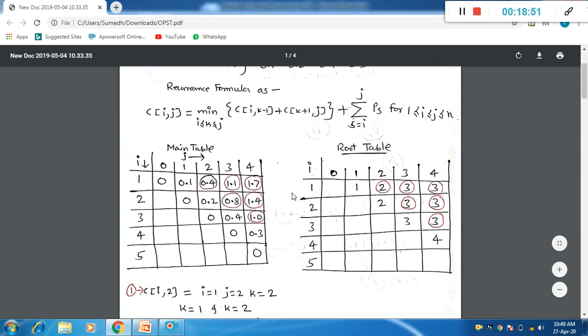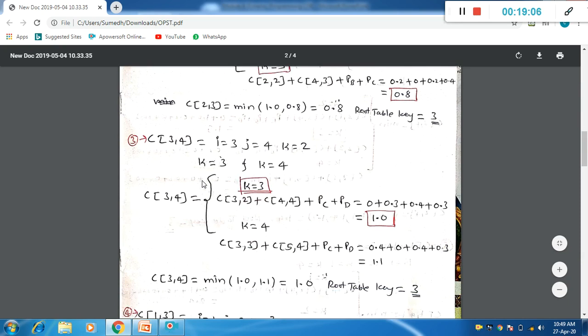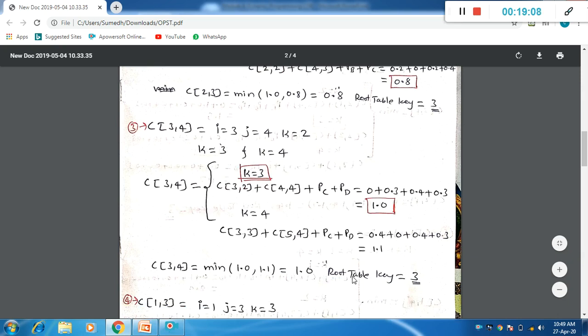Similarly, calculate the value to the position 3 by 4 by solving the third step, and you will get the new probability value to the position 3 by 4 as 1.0, and enter the root key as 3 in that root table with the minimum value k value is equal to 3.